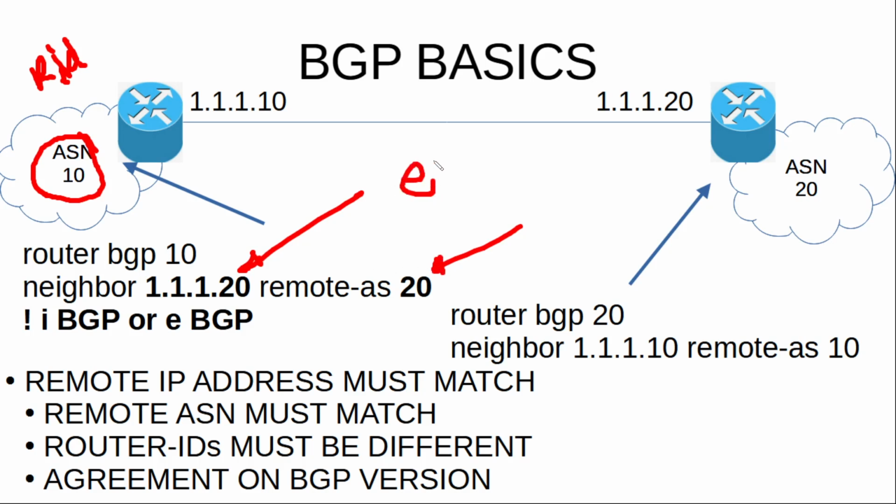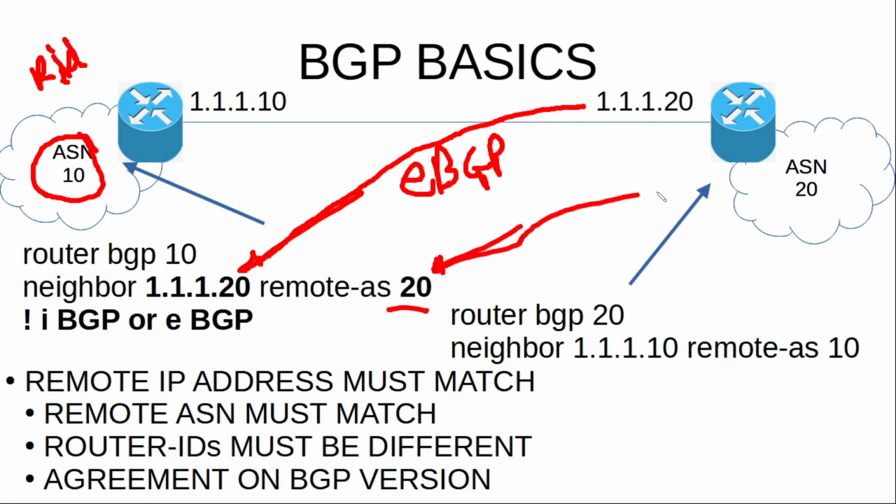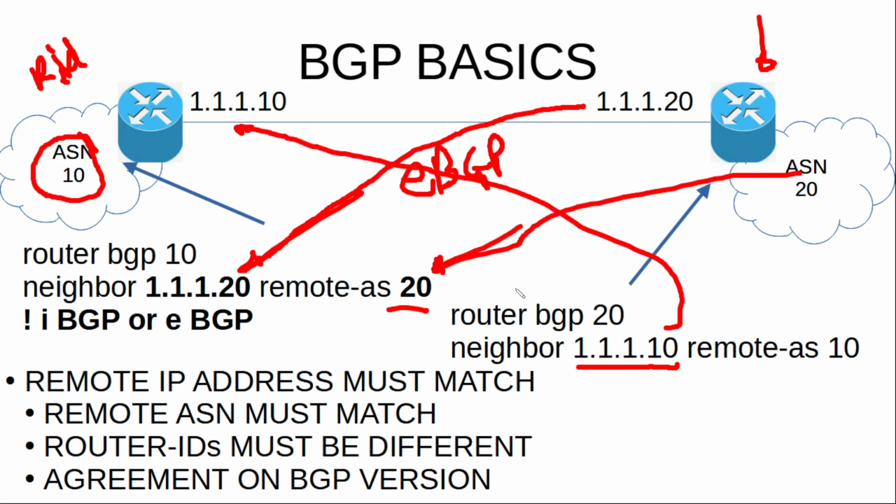And for eBGP, this IP address is usually the interconnection IP address, and you have to figure out what is the remote autonomous system number that this remote device belongs to. And the opposite will happen as well. When configuring this device, you will have to configure the interconnection IP address of the other side and the autonomous system number to which the neighbor belongs.